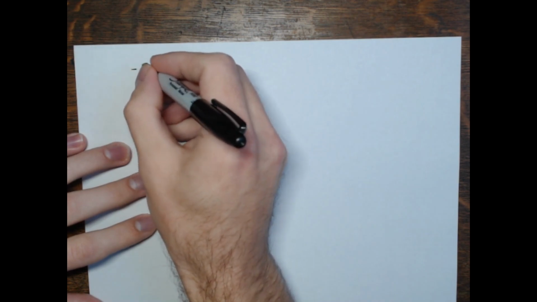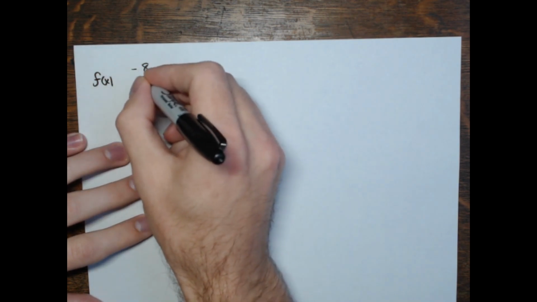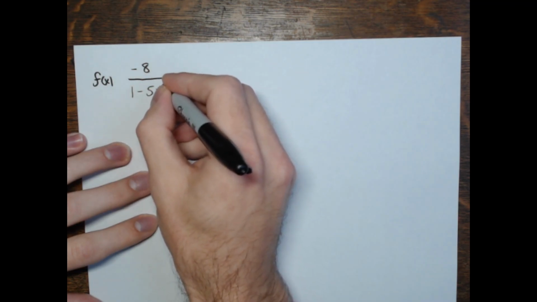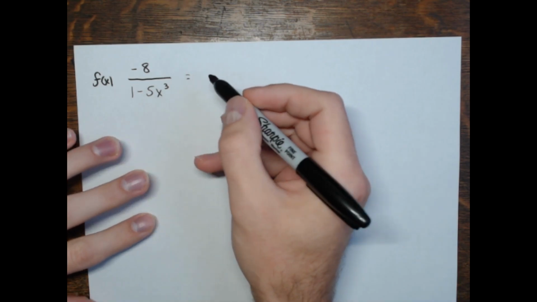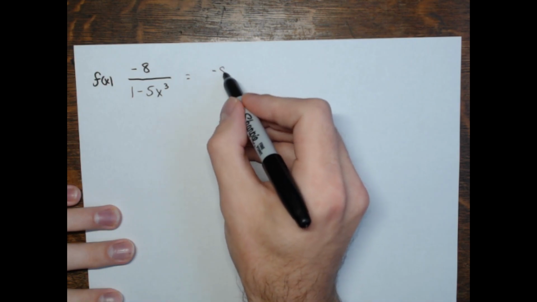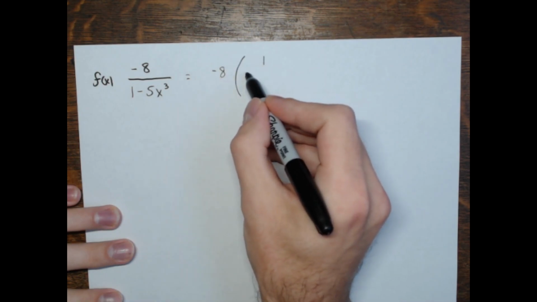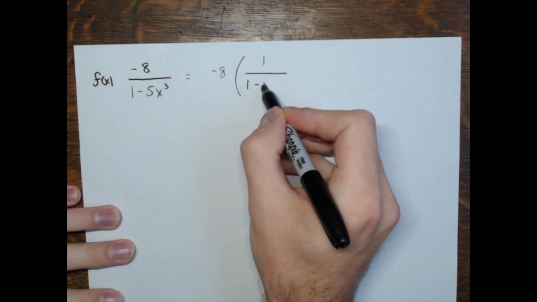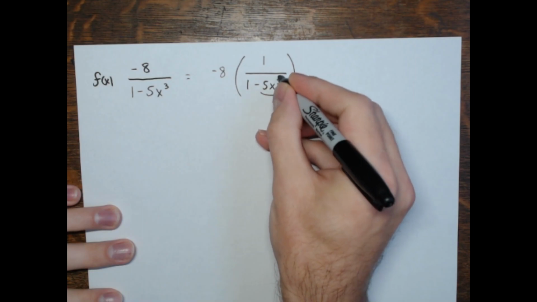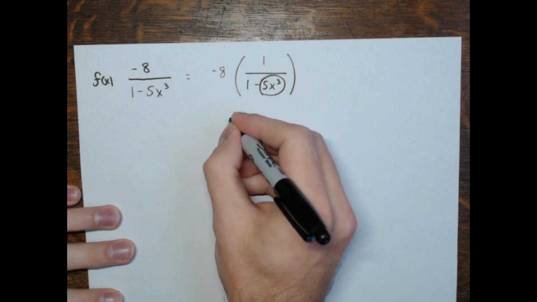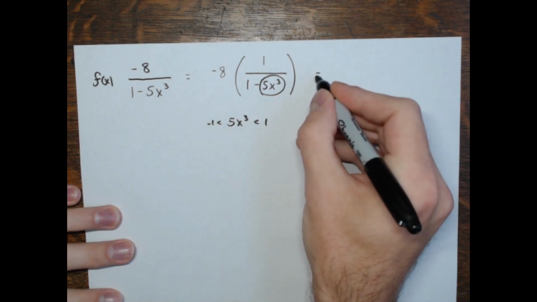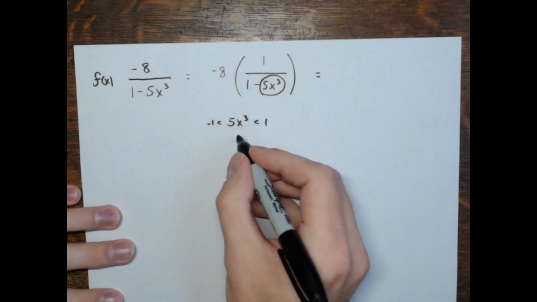So this again works for products and sums. We have f of x equals -8 over 1 minus 5x cubed. This is just -8 times 1 over 1 minus 5x cubed. If this 5x cubed is between -1 and 1, we can write a series that converges to this.